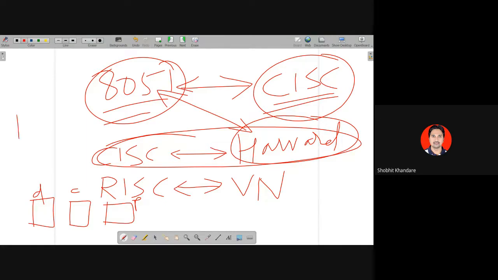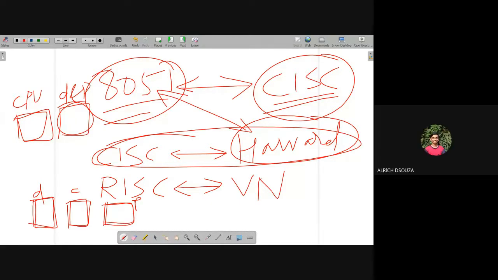Von Neumann has only this: CPU, with data memory and program memory in one. Here you see 2 blocks, here you have 3 blocks. Whose hardware is more? Yes, Harvard's is more.